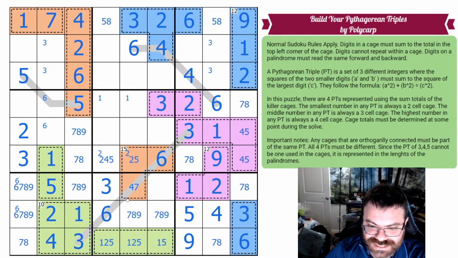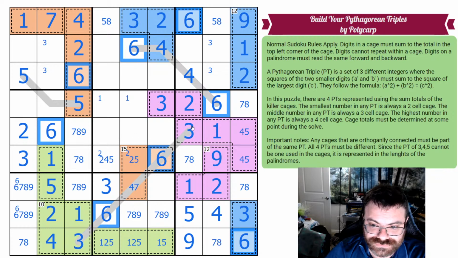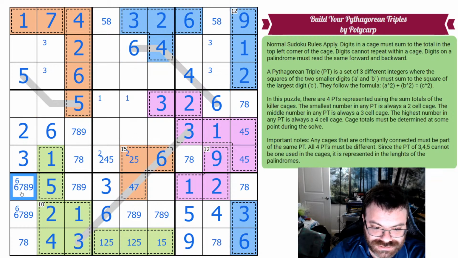I feel like my scanning is just failing me at this point. Finish the 6s. Yes, this 6 is here. And then this 6 is here. All right, so the 6s are done.